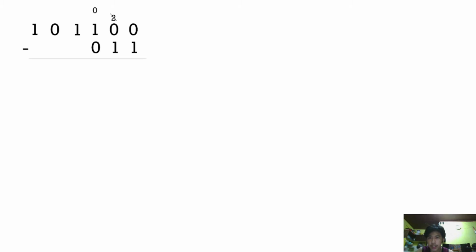Next, the 2 will be crossed out because the digit to the right is 0, 2. So the 0 becomes 1 and the other 0 becomes 2.